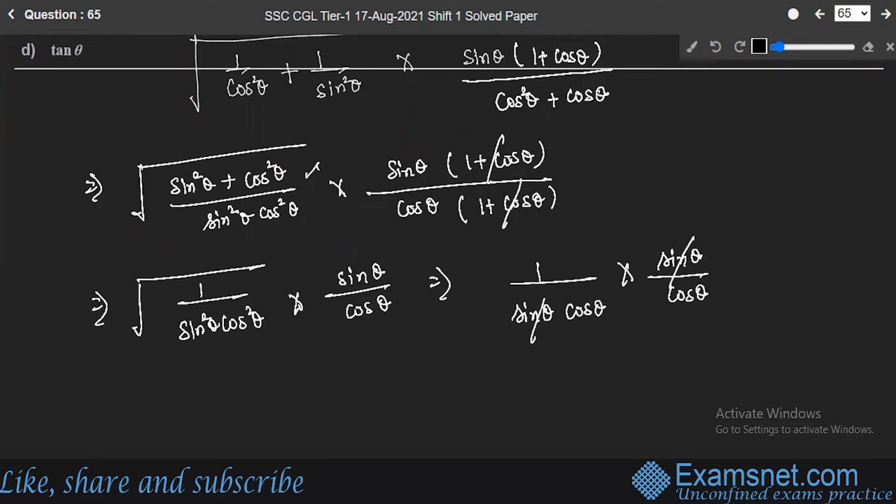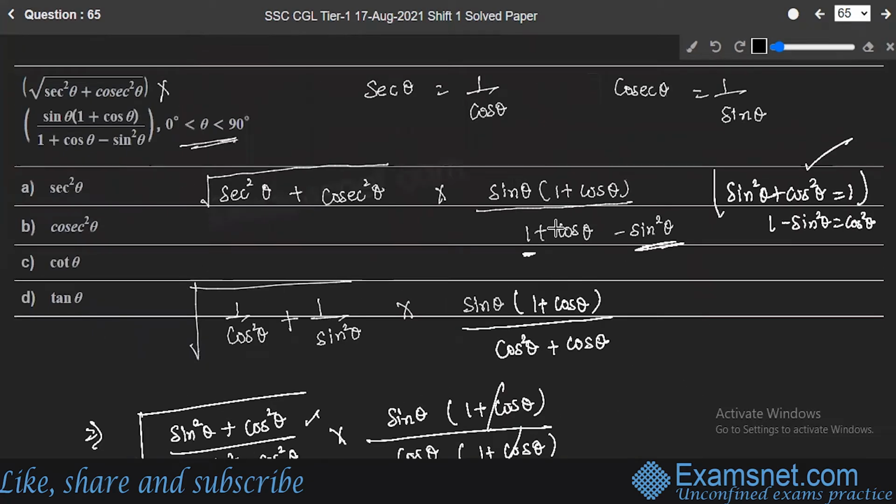They will cancel and you will have 1 upon cos square theta, which is equal to secant square theta. That is your answer. Let's check with the options. Yes, option A is the correct answer to the question. Hope you are clear. Then let's move to the next question.